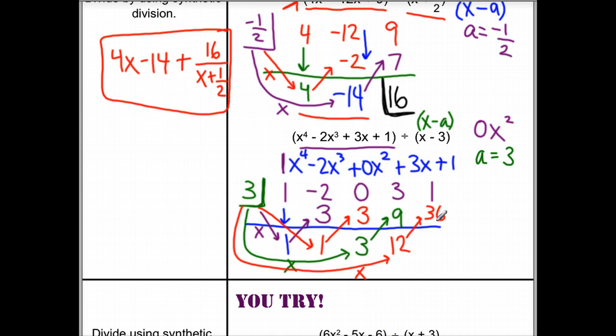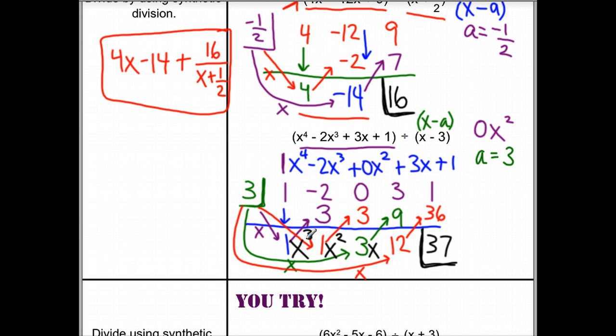And 1 plus 36 is finally 37. So remember, this final number that we get is our remainder, so put it in that box. And then we're going to start with the constant, so 12 does not have a variable next to it. 3 is going to be 3x. 1 is going to be 1x squared. And this other one is going to be 1x cubed.